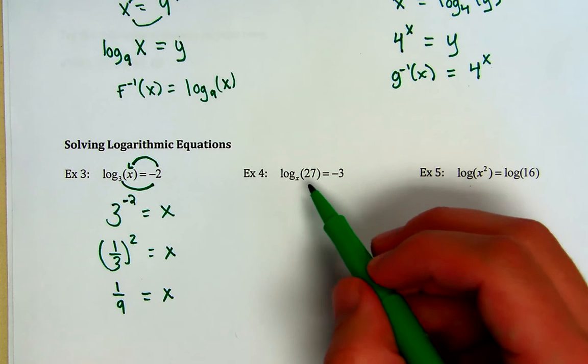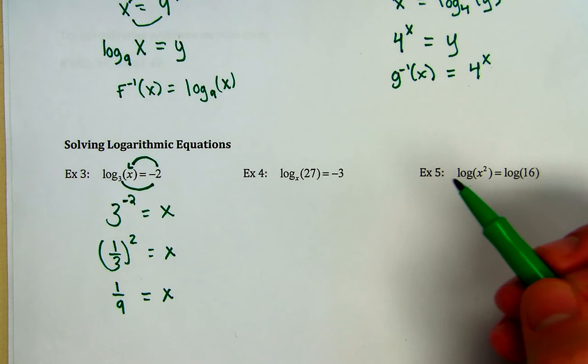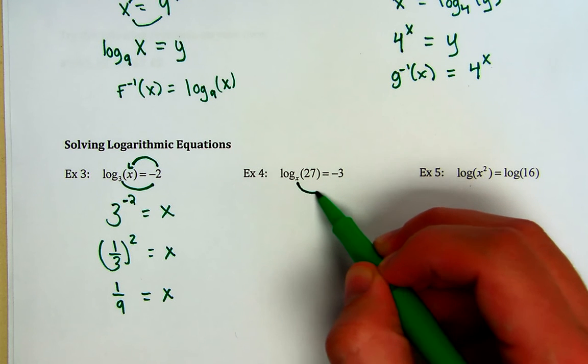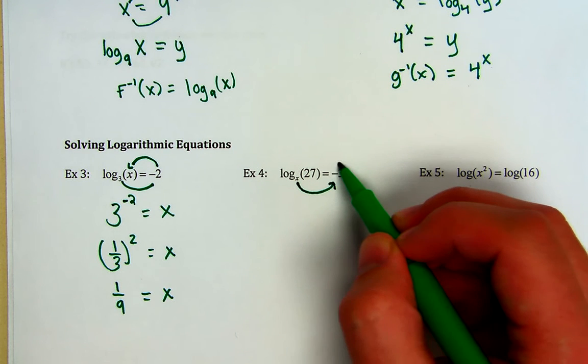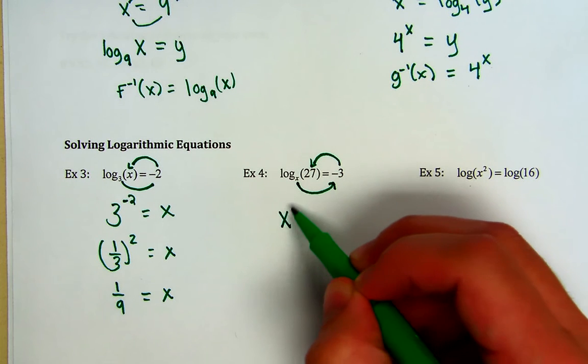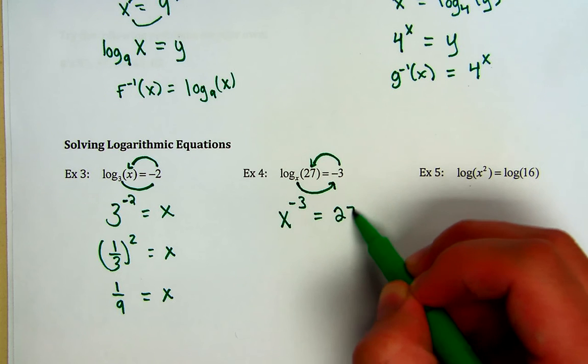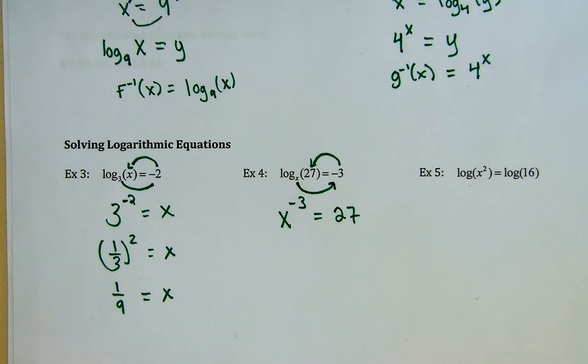So now let's change log base x of 27 equals negative 1/3. Take the base to the exponent equals the answer. x to the negative third equals 27. Well, to solve this, you have to do a little bit of thinking.